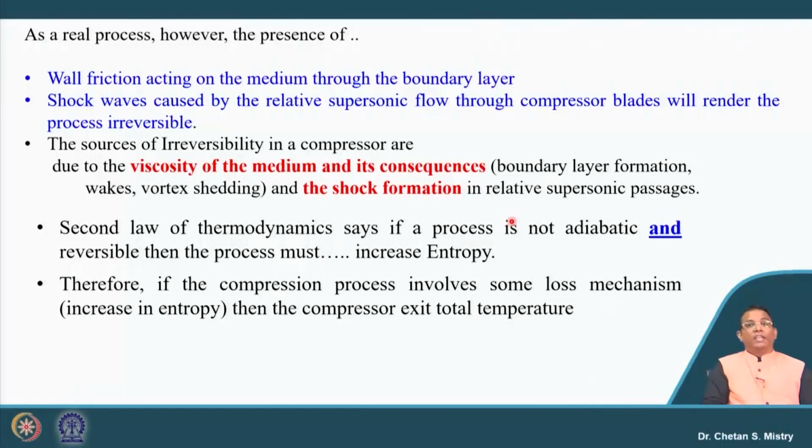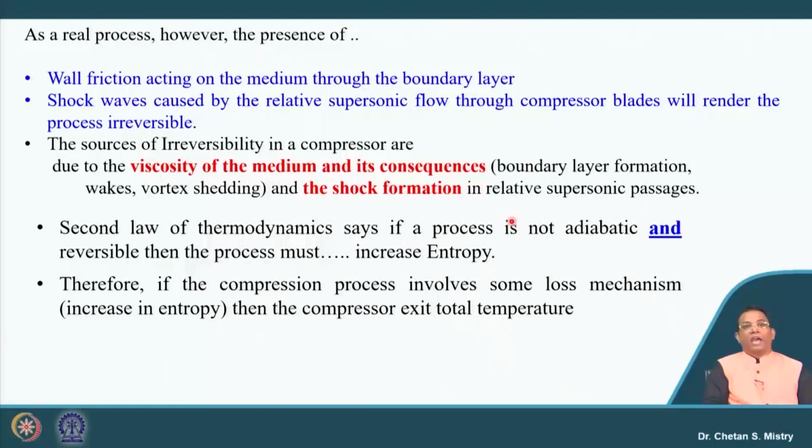Now, what irreversibilities are we discussing? In the actual process we have wall friction acting on the medium through the boundary layer. If my flow goes transonic or supersonic near the tip region, we will have losses because of the formation of shock.